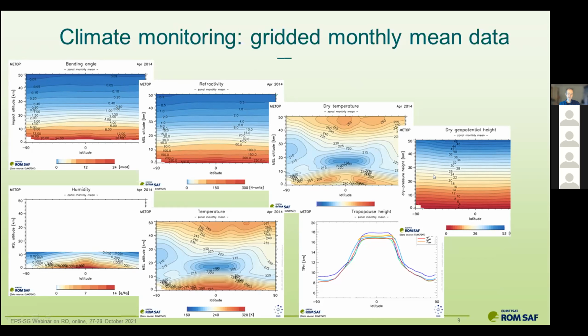Geopotential height is actually a very useful quantity, which I will show some examples of. We also compute monthly mean humidity, only up to 12 kilometers though. There is not really any humidity information in the RO measurements higher up than that. And we also compute things like tropopause heights and other derived variables.